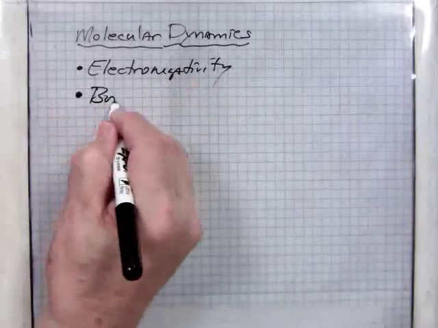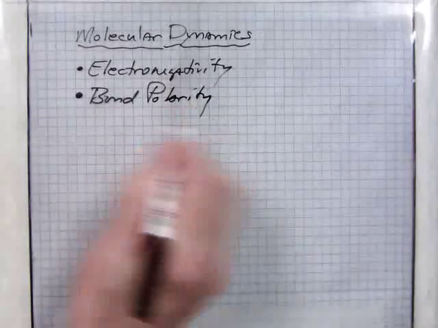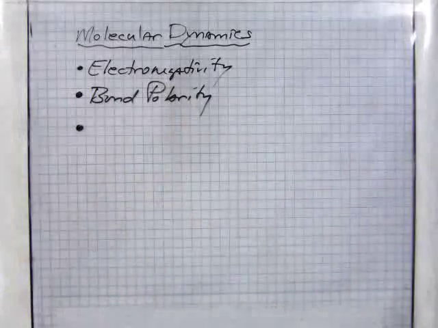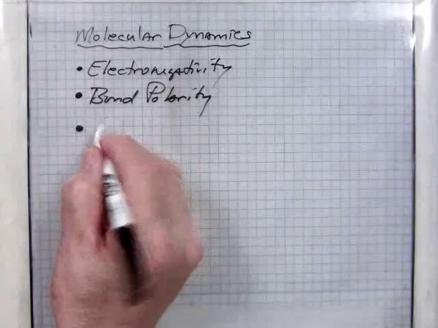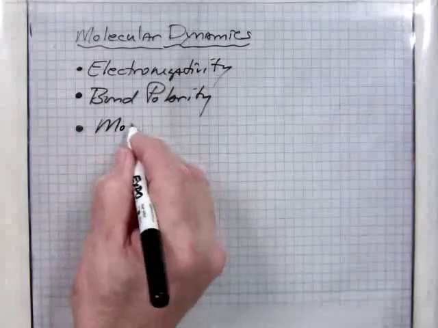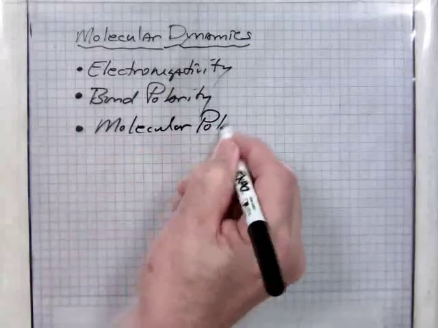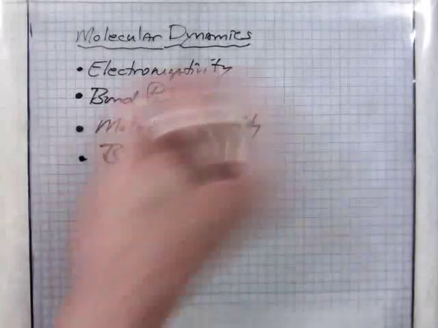bond polarities, I forgot how I put them together, but anyway, bond polarity, molecular polarity, we'll look at that in a minute. Bond strength, that's the one I was forgetting.